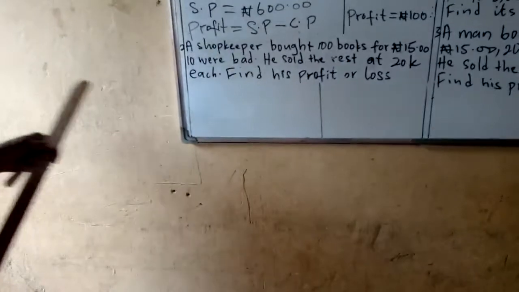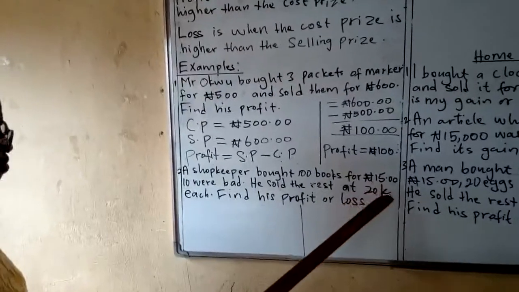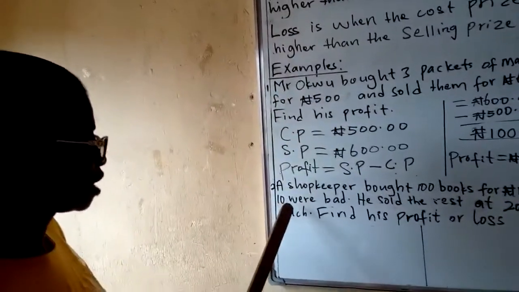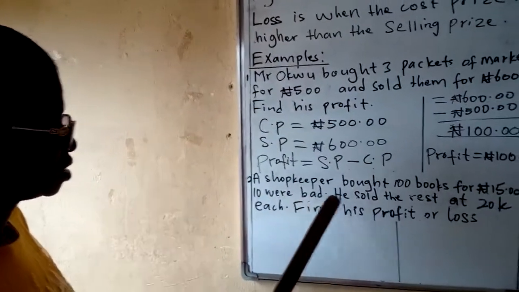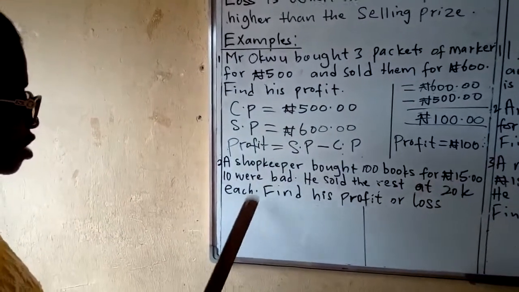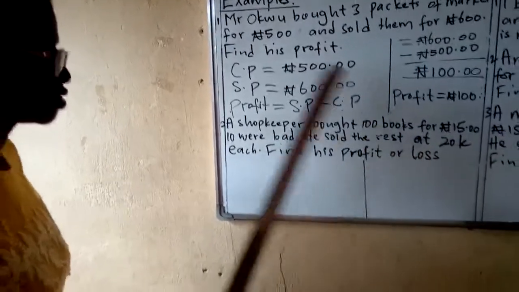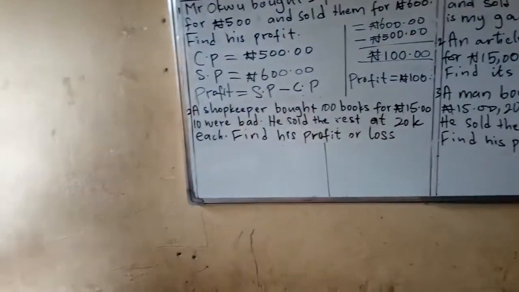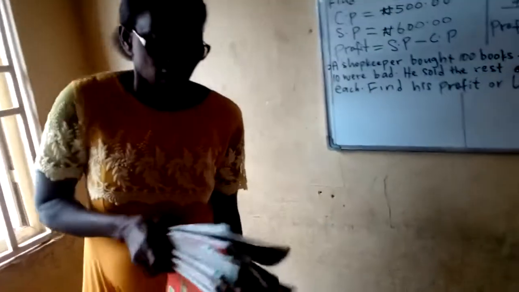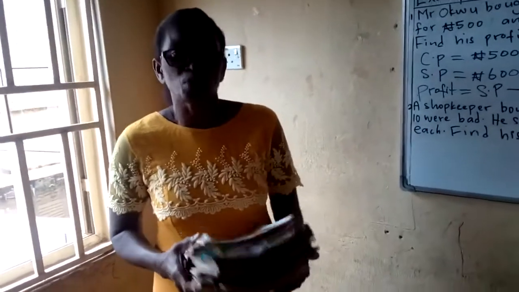Example 2 says a shopkeeper bought 100 books for 15 naira. 10 out of that 100 were burnt. He sold the rest at 20 kobo each. Find his profit or loss. You can now see these are the books the shopkeeper bought.